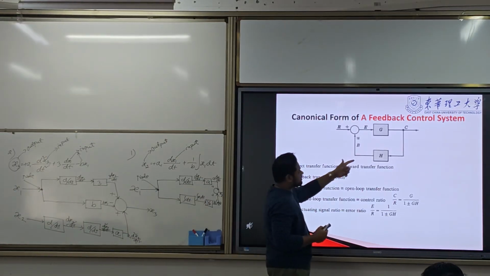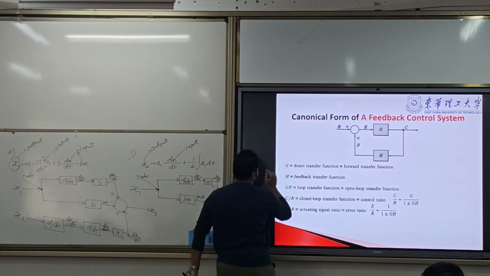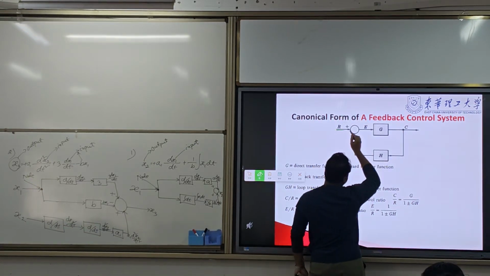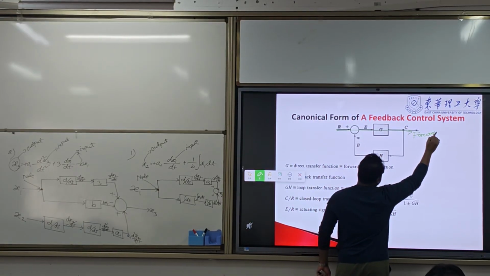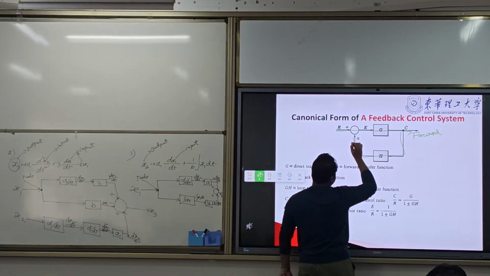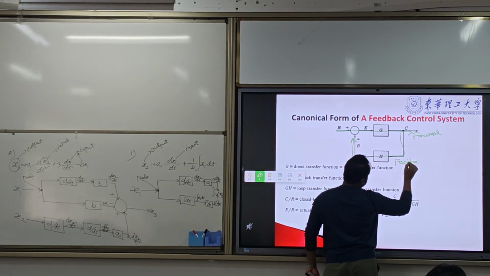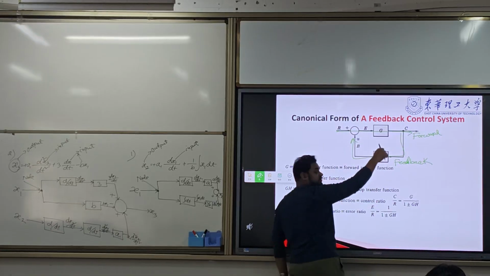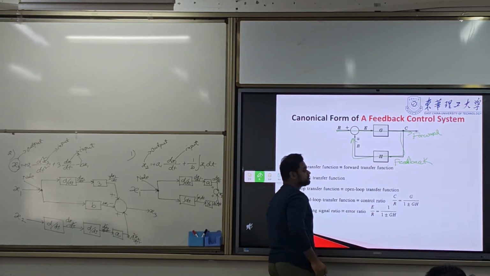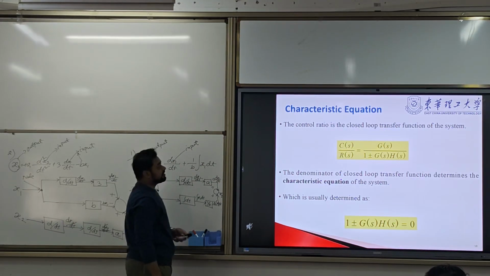This is the forward loop. This is feedback. It can be in a different direction. The signal is going in one direction, and the signal is going back in the other direction. So forward and feedback, different types of loops there will be.